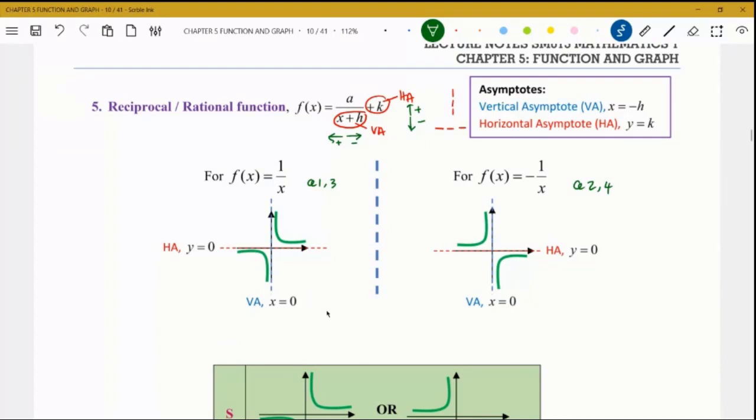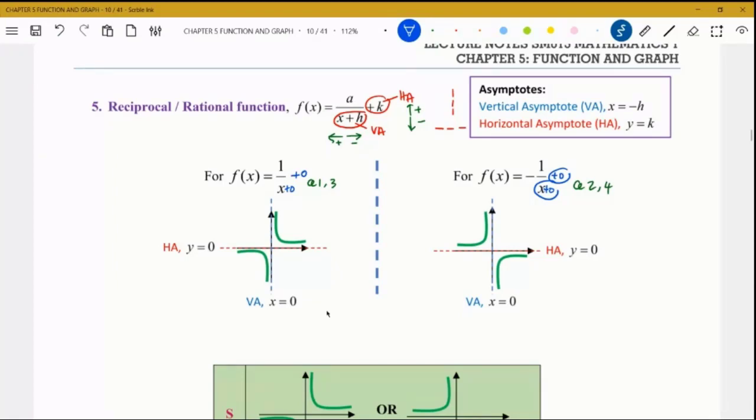Okay, so we have the horizontal asymptote and vertical asymptote when x equal to 0 and y equal to 0, sebab di sini adalah single x. It's the same thing as kita letak plus 0. So this one is your VA, this one is your HA. So VA kita adalah kosong, HA kita adalah kosong. Okay, this one is the basic shape untuk reciprocal.